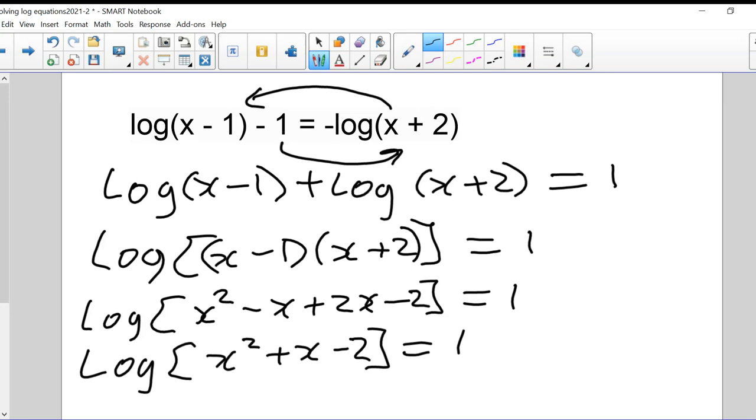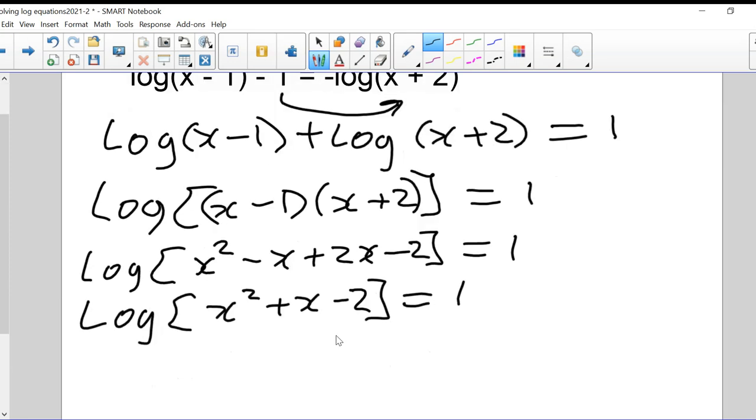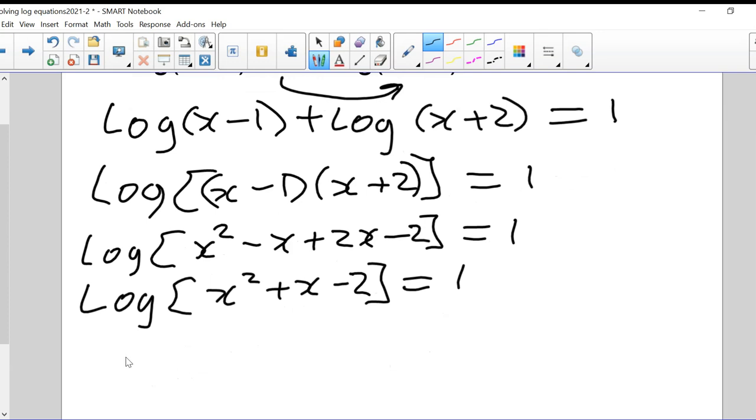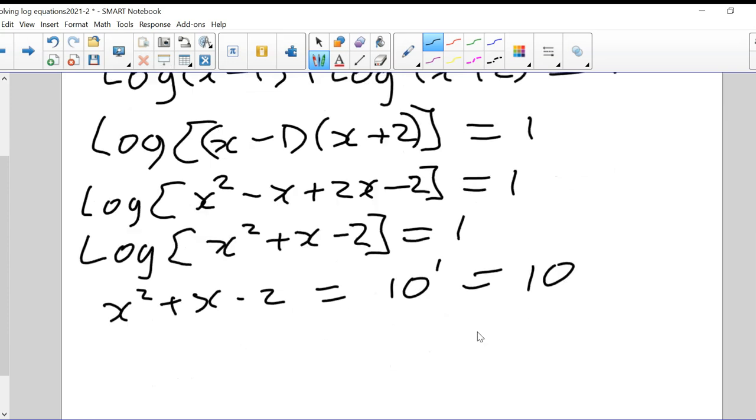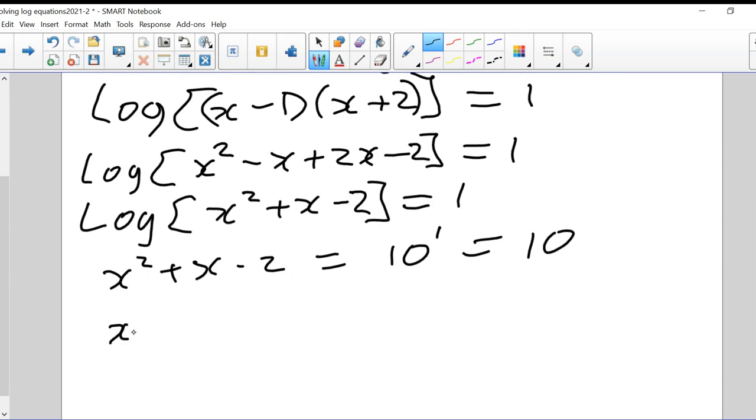What did Harish just say? Oh, change to exponential form. Okay, good, let's do that. So exponential form, being base 10, means that x squared plus x minus 2 should be equal to 10 to the power of 1, which, by the way, is equal to 10. So here's what we have: x squared plus x minus 2 equals 10.